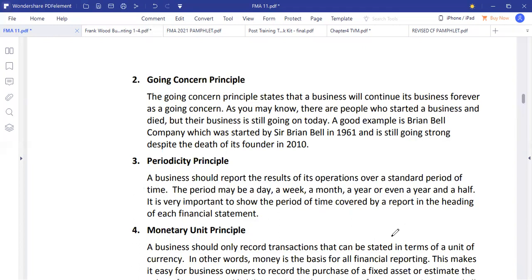So whenever you have a period for a trading account, for instance, you do write for the year ending December 2021. A financial statement will always give you a period as at. So the periodicity principle simply gives you reason to report results over a standard period of time. Some companies would ask you to report every 6 months.